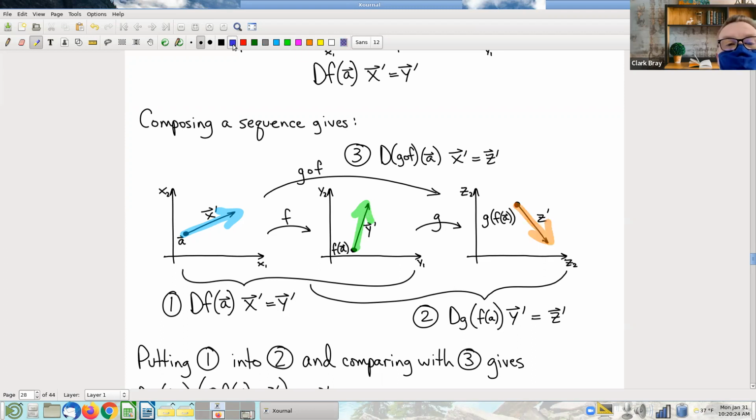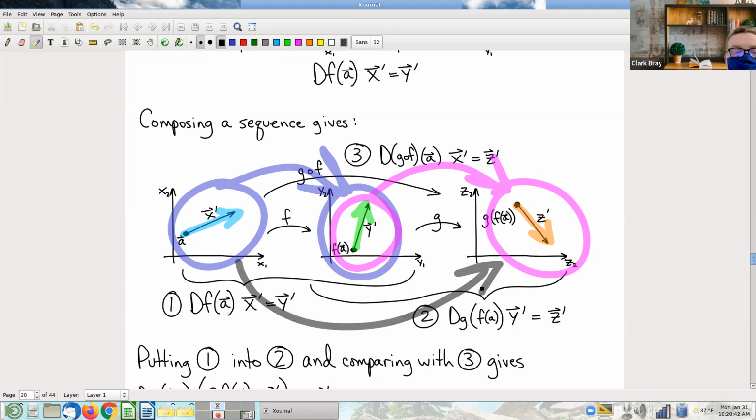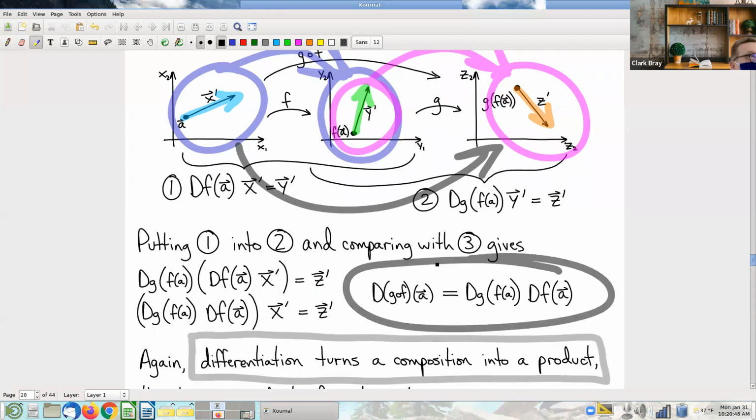The things that we are multiplying by are matrices. I'm trying to use the colors the same. And then the composition is the product of those two matrices. So morally the same result, just interpreted for the different context.